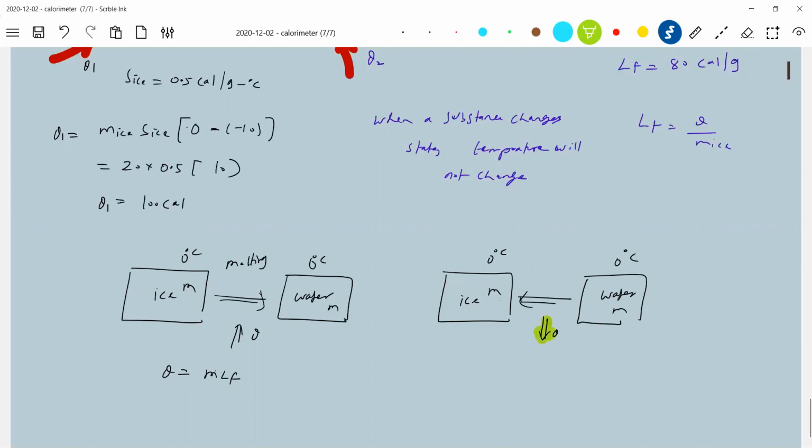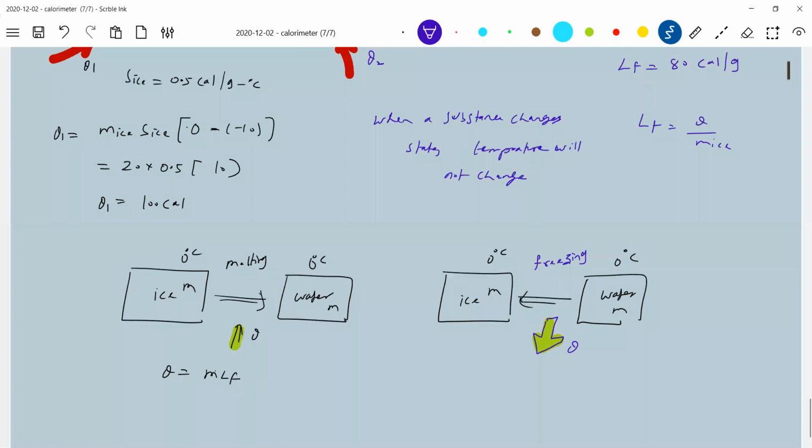So if you take out heat, then the water will become ice. This process is called freezing. Agree? This process is called freezing here.